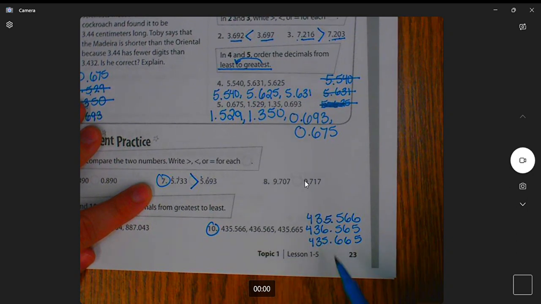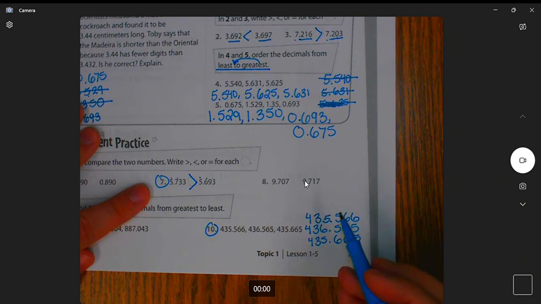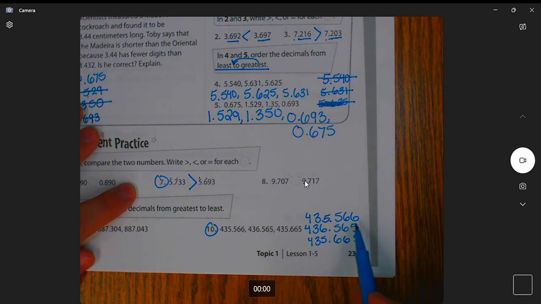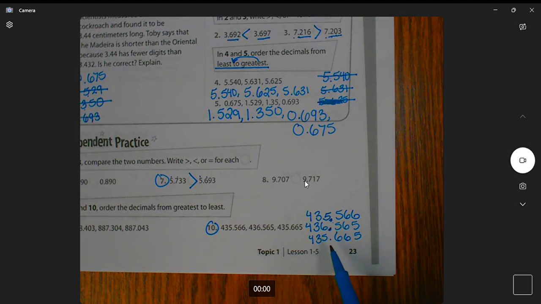Because now I can go through and compare each place versus having to hunt it down out of a list. So, I have 435 and, that's the and, 566 thousandths, 436 and 565 thousandths, 435 and 665 thousandths.